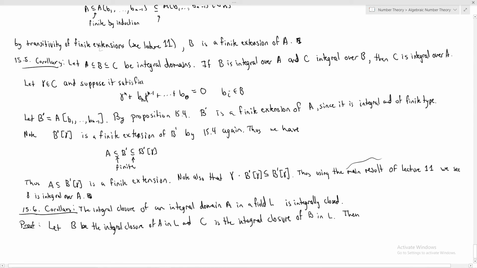Well, by transitivity, A is integral in B and B is integral in C, so A is integral in C. So C is necessarily a subset of B because B consists of all the elements of L integral over A. Thus, B equals C. And B is integrally closed.